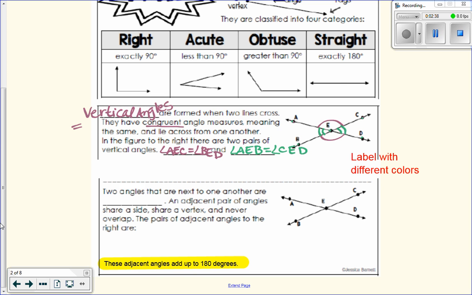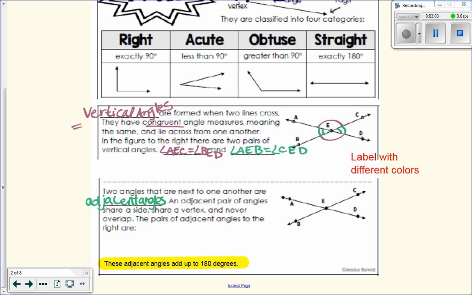All right. Our next vocabulary, 2 angles that are next to one another are adjacent angles. So your next door neighbor, anyone that's right next to you, they are adjacent. An adjacent pair of angles share a side, share a vertex, and never overlap.